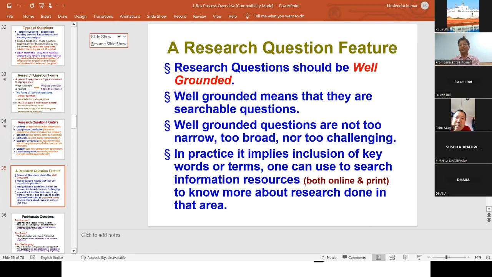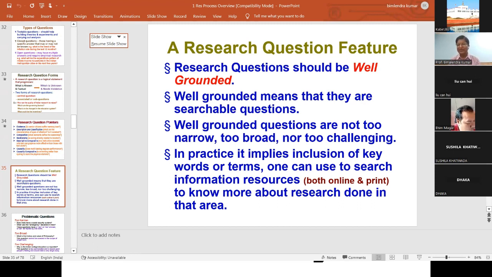They should not be just any ideas coming to the mind of a research scholar. They must have some background, or solid known facts on which the research questions are being raised. Well grounded means that they are searchable questions.